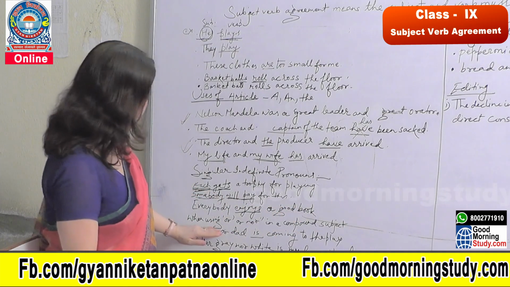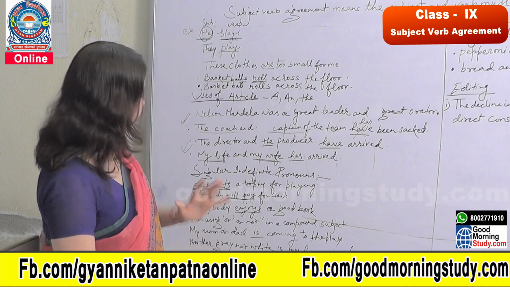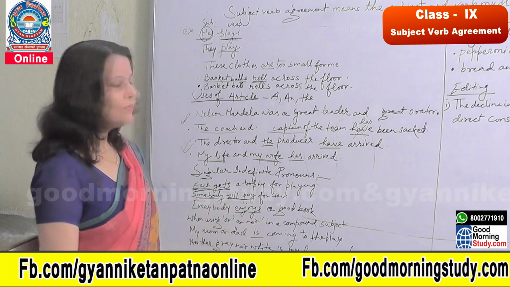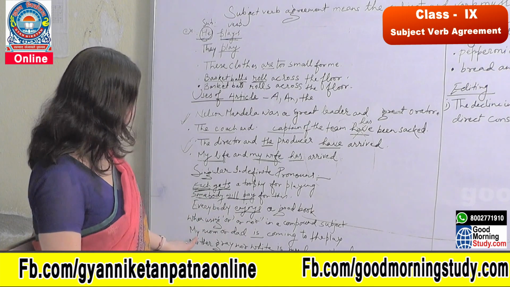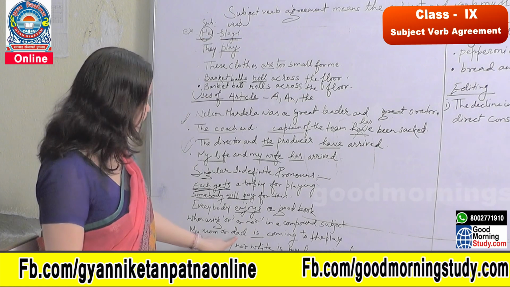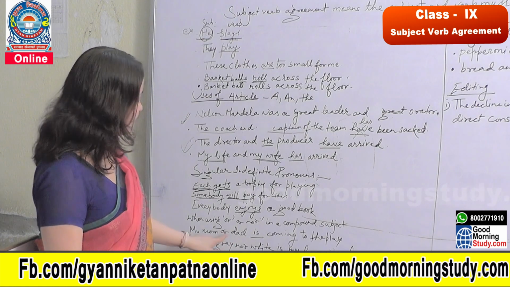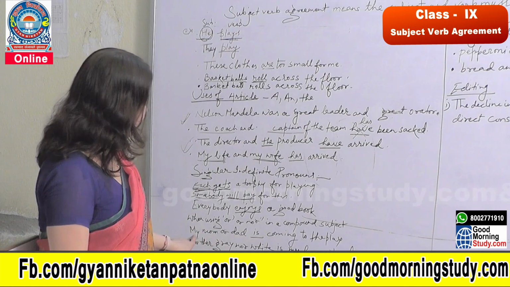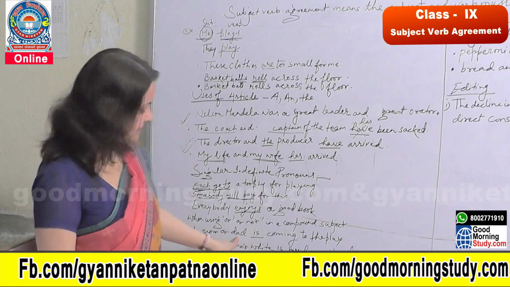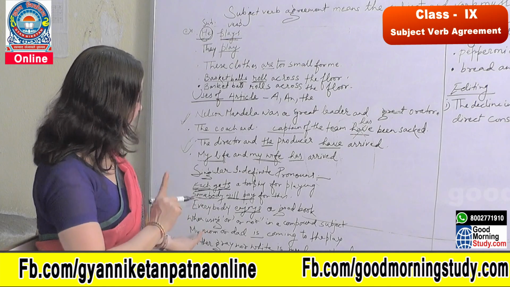Again, we get confusion when we use neither, nor, either, these kinds of compound subjects. For example, my mom or dad: here we are not talking about two people. We are talking about mummy or dad, and "or" means one.